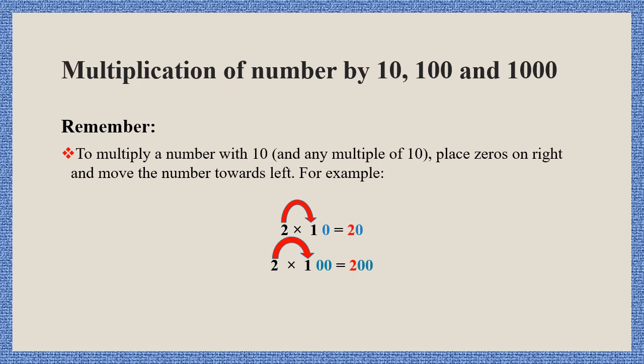Same goes for multiplication by 1000. When we multiply 2 by 1000, 2 is multiplied by 1 of 1000 and the zeros of 1000 will be placed on the right side of the answer, making 2 move 3 columns to the left. So your answer will be 2000.